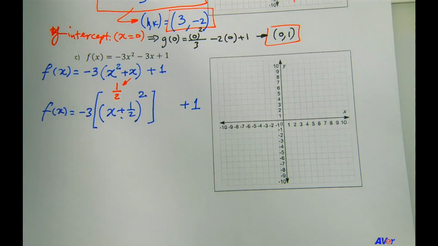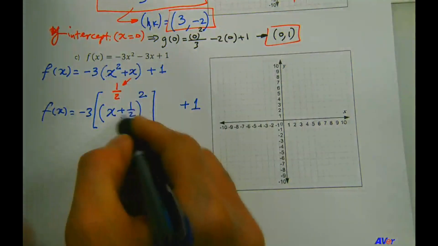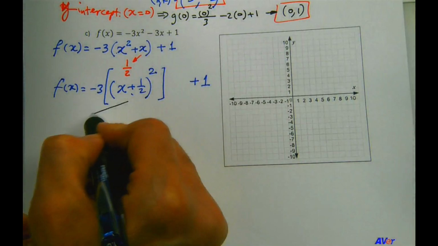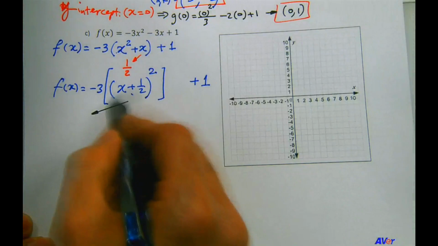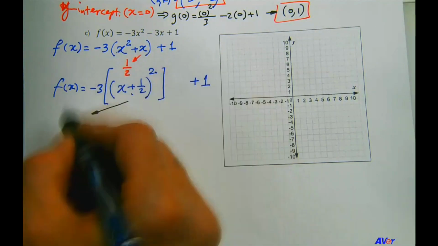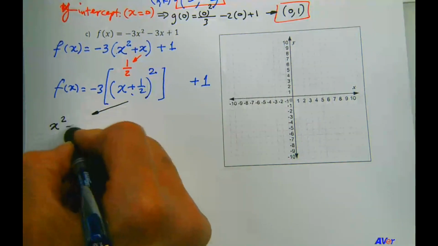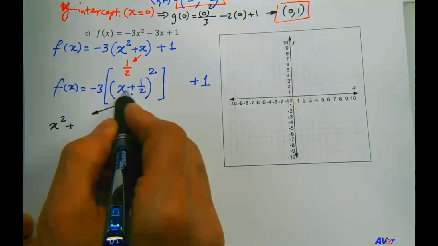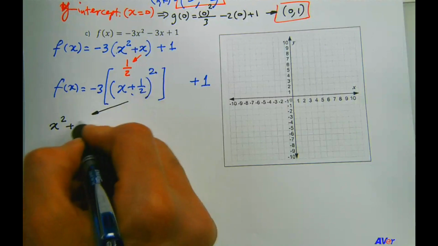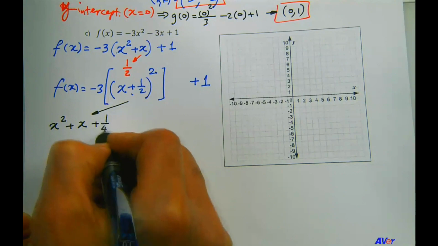So I'm going to bring my scratch paper here. Well, for this piece, let's expand that. I want you to have this in the notes. So I'm going to expand this in this corner again, like the previous examples. Let's expand this piece to see how much extra we end up with. So we end up with x squared plus 2 times x, which is 2x times 1/2, plus x, right, plus 1 over 4.